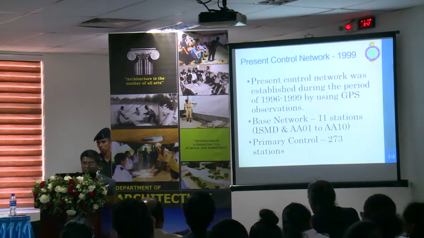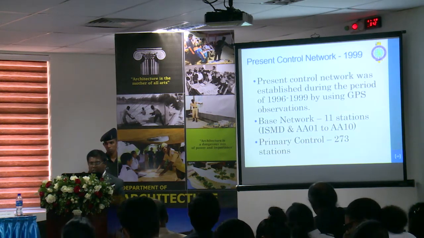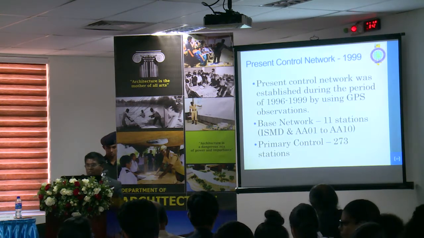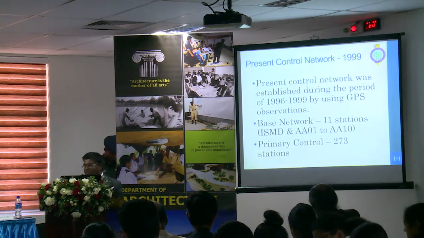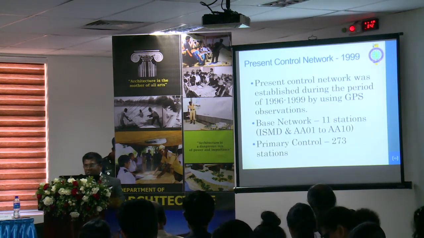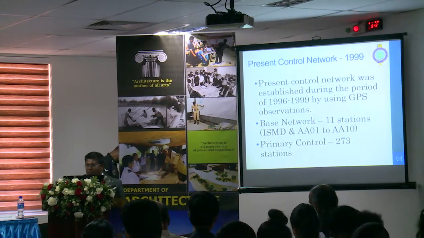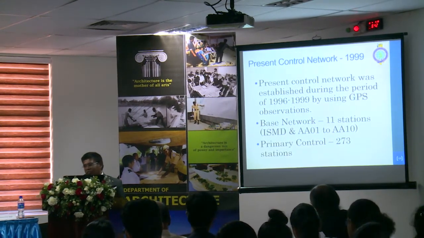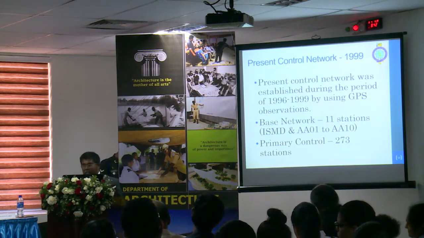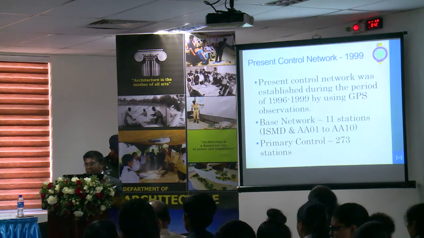Then from 1996 to 1999, we established a new control network. That is the present control network we are using. With this control network, all points were observed, and the network was established using GPS measurements. During that time, we used the Lanka 300 system.